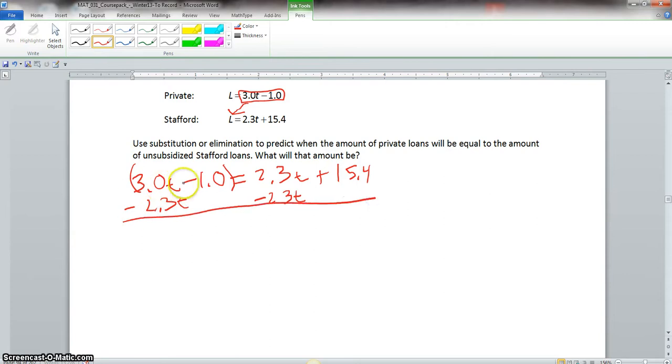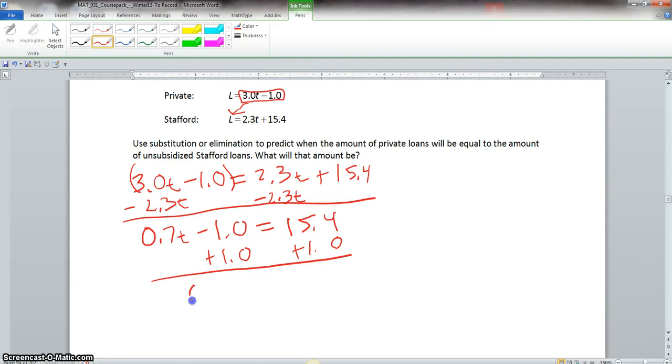So now we will have 3.0T minus 2.3T, which is 0.7T, minus 1.0 is equal to 2.3T minus 2.3T is 0 plus 15.4 is 15.4. Now we need to add 1.0 to both sides. And we have 0.7T.